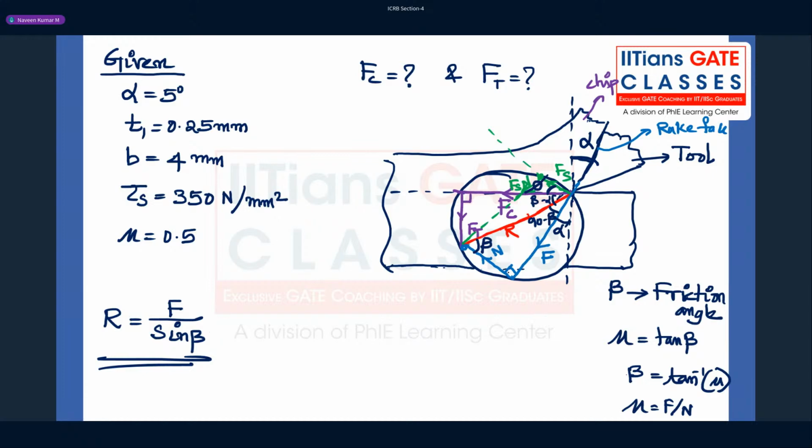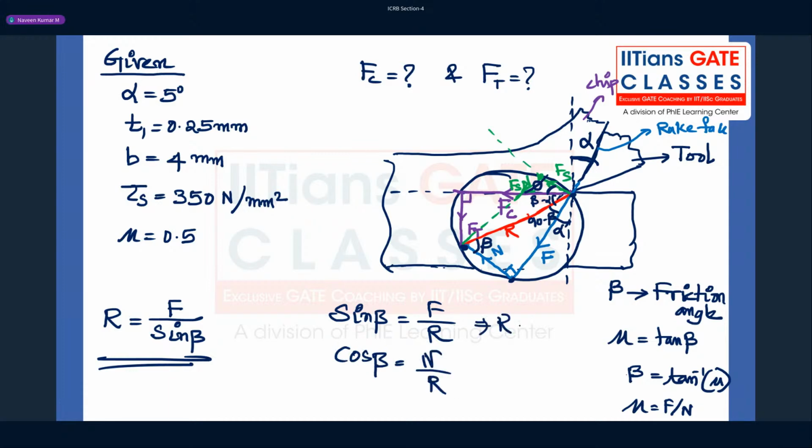So if you take this triangle, you can easily say sine beta is F by R, isn't it? Opposite by hypotenuse. And cos beta is N by R.